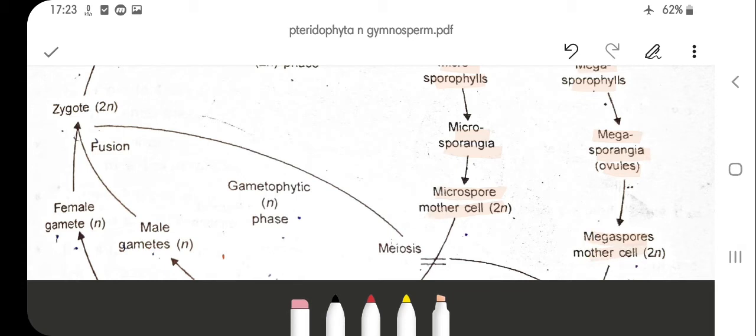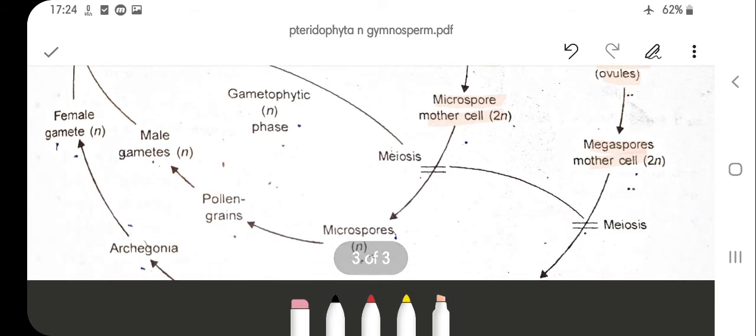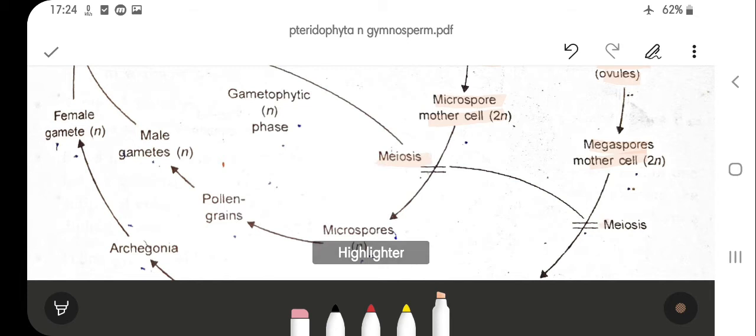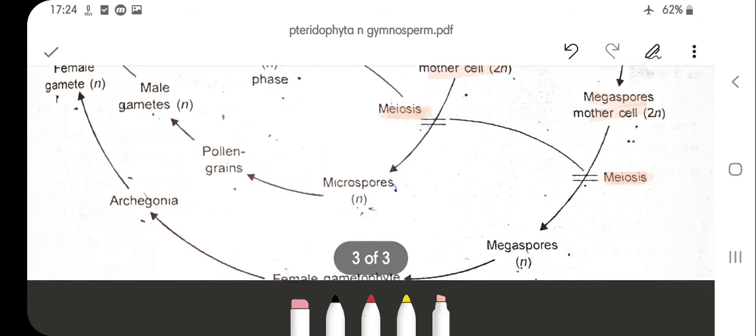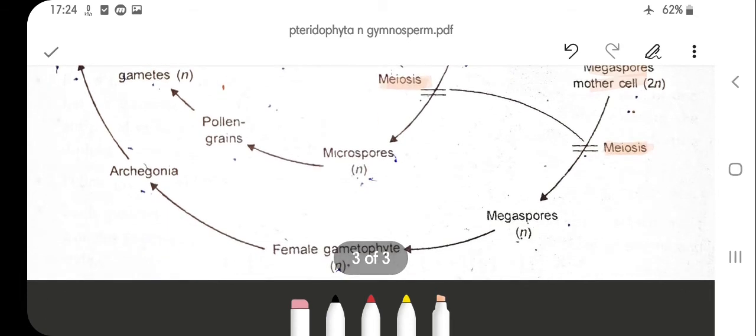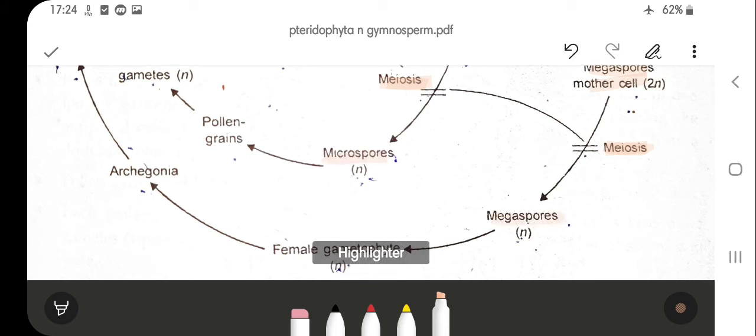That cell undergoes meiosis, meaning the reductional division, to form the microspores, which have half the number of chromosomes. Now the microspores will form the pollen grains, and the megaspore will form the female gametophyte, which is multicellular, and archegonia.